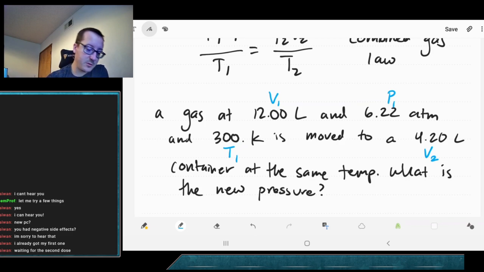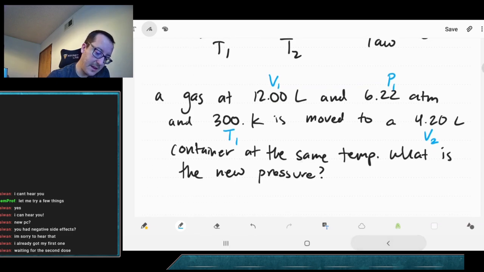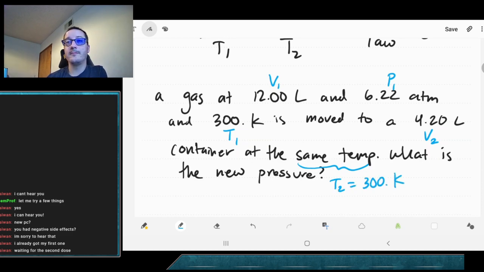It's not given a number to us directly, but we see that we have the same temperature, which tells us that T2 is also 300 Kelvin. So sometimes, some of your quantities may be hidden as words instead of directly given as numbers.